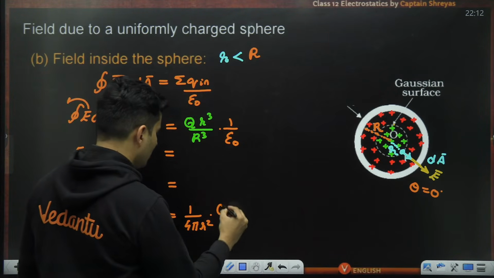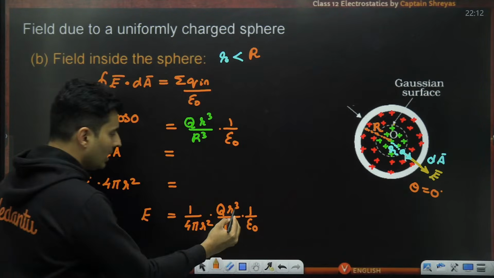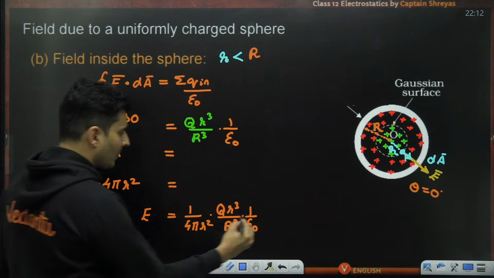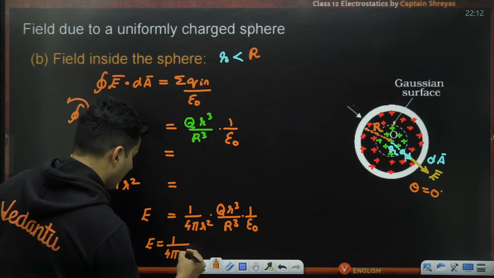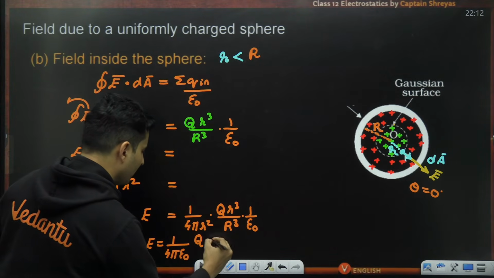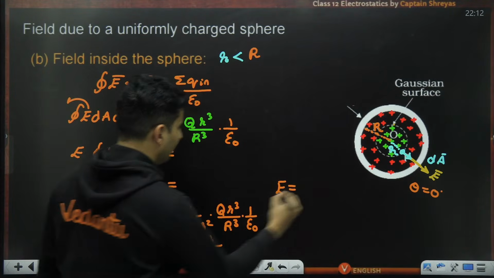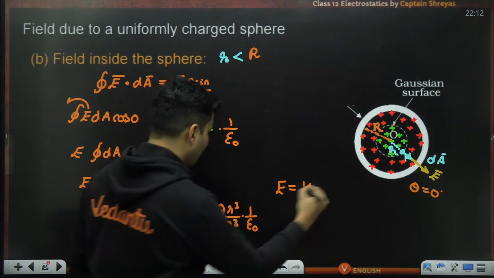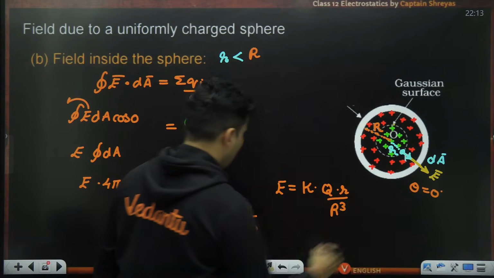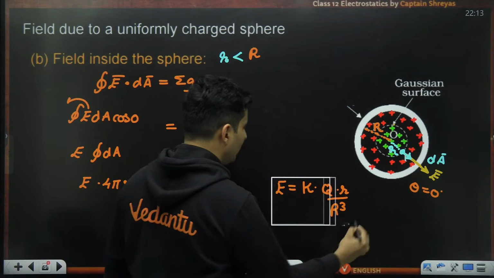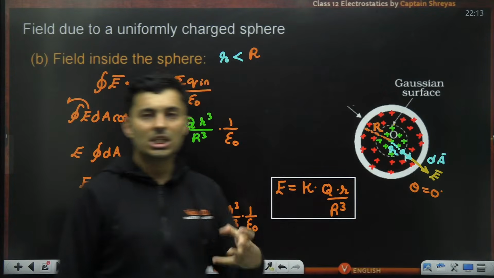Small r cube and r square will cancel. So I will be left with 1 by 4 pi epsilon naught, Q, a single r, and capital R cube. Therefore, the electric field will become the Coulomb constant into Q into small r, the whole thing divided by capital R cube. So this becomes your formula for the electric field inside a uniformly charged sphere.